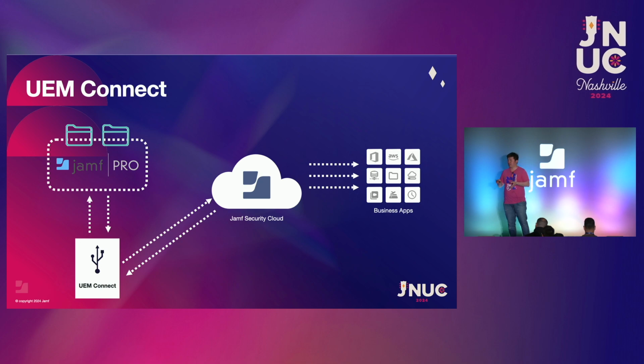But it doesn't just stop there. This is where we have additional capability within UEM Connect that really stands out. We have a webhook API capability. When a device falls into a specific smart group in Jamf Pro, it will communicate to Jamf Security Cloud to move the device out of the corresponding group.